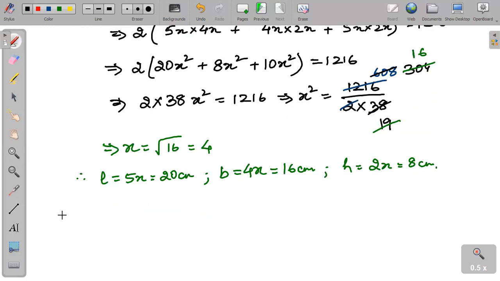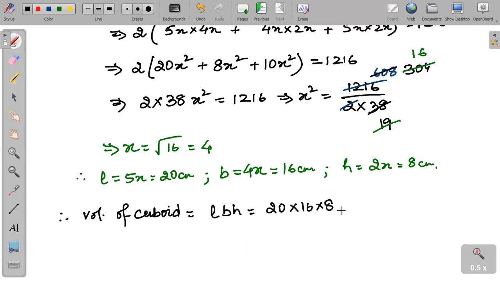Therefore, volume of cuboid is equal to LBH is equal to 20 into 16 into 8 centimeter cube. That is 16 8 is 128. Okay, 128 into 20 is 2560 centimeter cube.